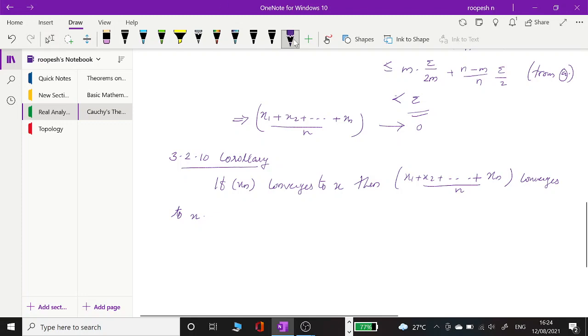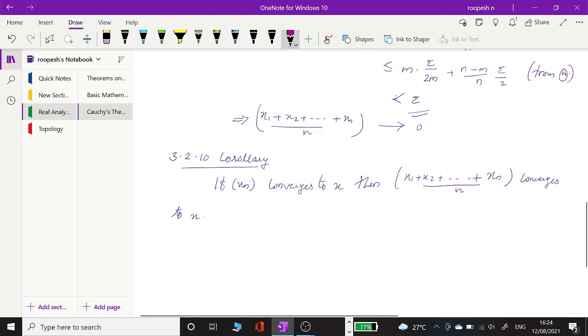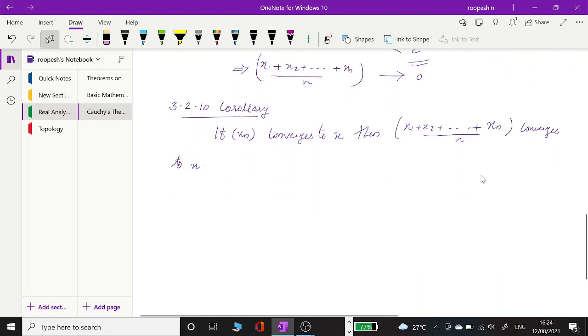So how to prove this corollary? It's a very easy one. Proof. Suppose your xn converges to x.